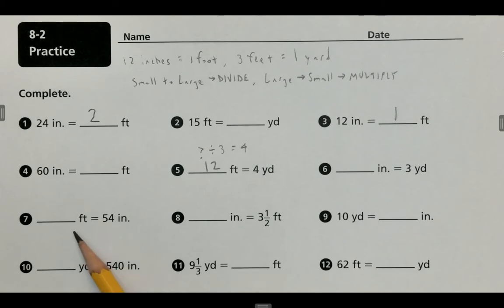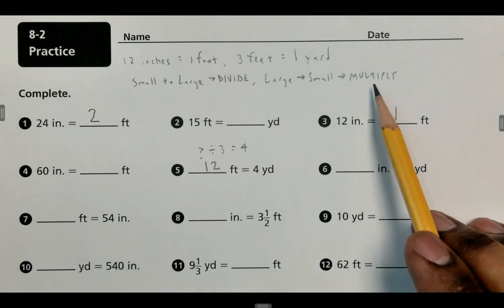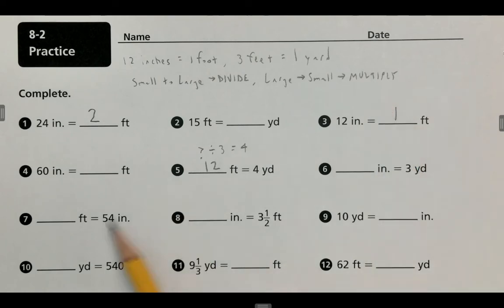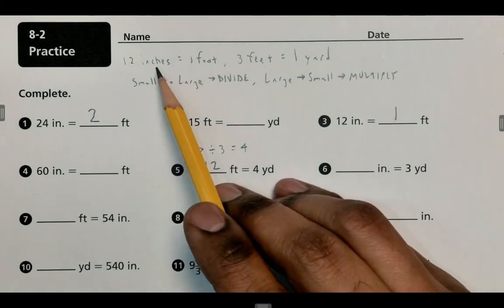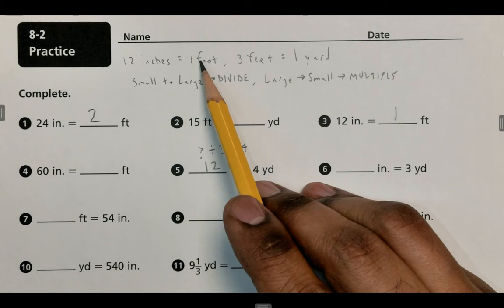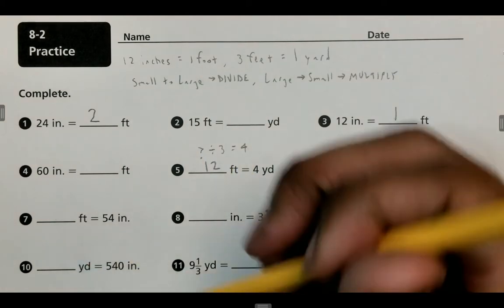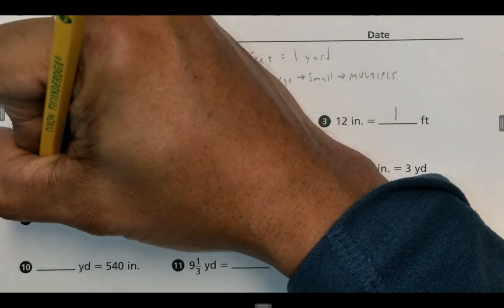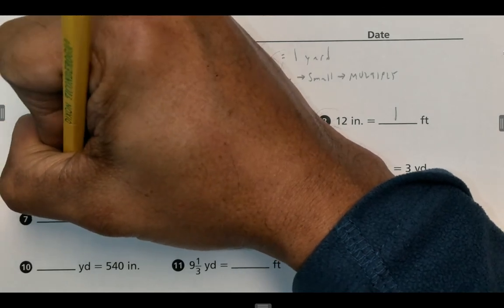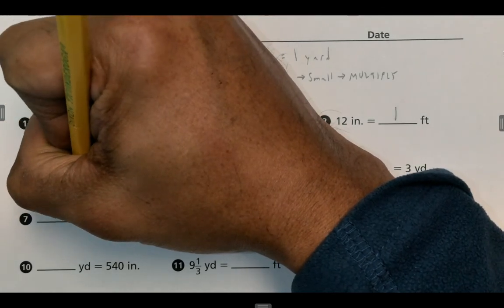Number 7, feet to inches. Here, I'm finally going from a larger unit and converting to a smaller unit. So I will be multiplying. Multiplying by what? Well, I'm talking about feet and inches. So something multiplied by 12 equals 54.